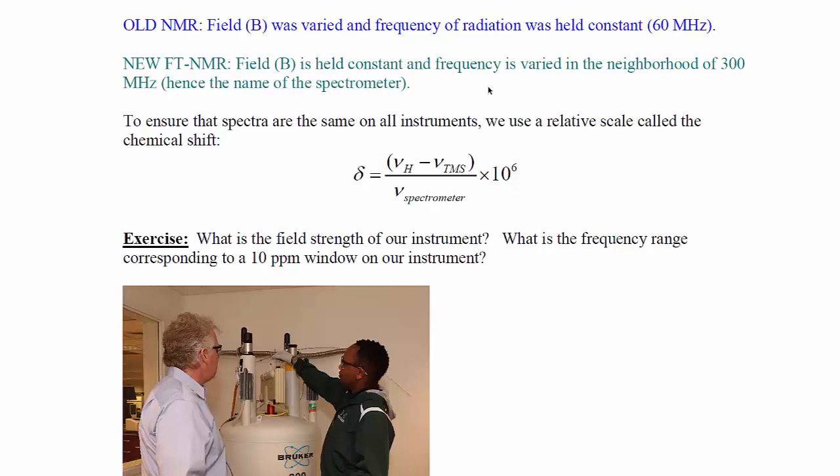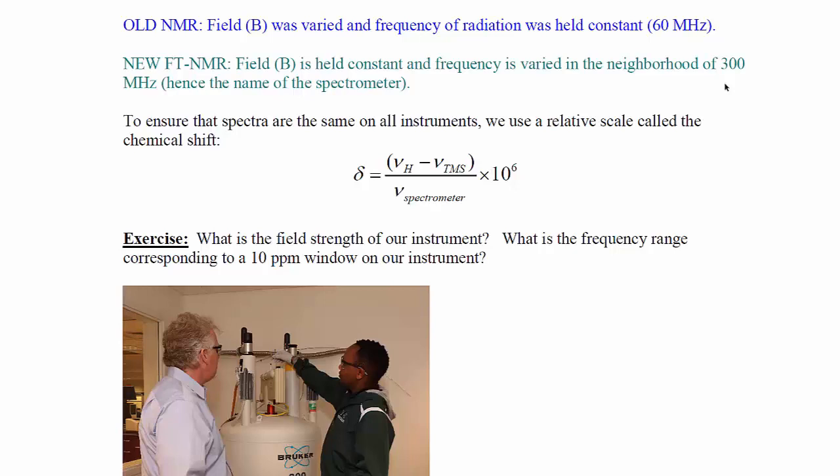So if our instrument is a 300 megahertz spectrometer, it's stamped right on the instrument. We listen in the vicinity of that, and we will hear the protons resonate near that frequency, depending on the environment, of course, of the given proton. It could be a little bit less than 300, a little bit greater than 300. That's where we're getting the actual spectrum in terms of different peaks and different positions.